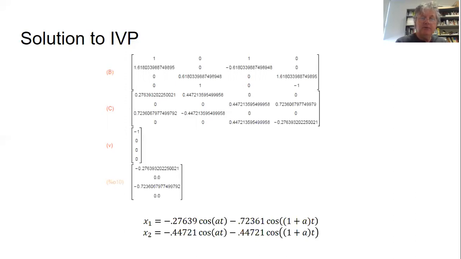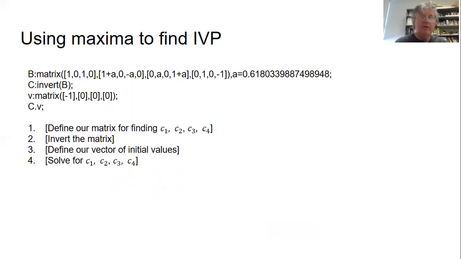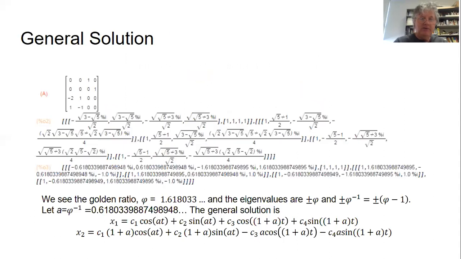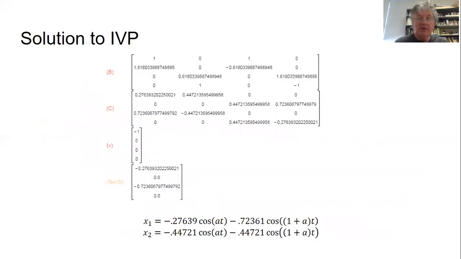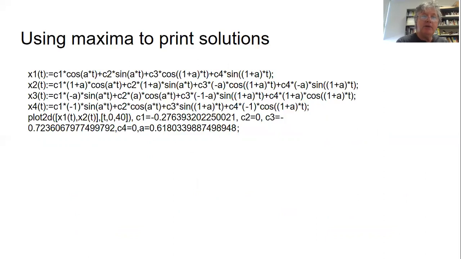And actually, if you do the numerical computation, when you go back and you figure out C3 times A, it turns out to be the same as C1 times 1 plus A, which again is kind of not obvious, but anyway, there it is. And so then we want to print it.